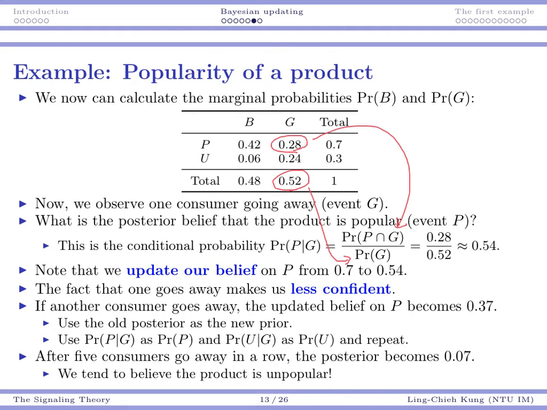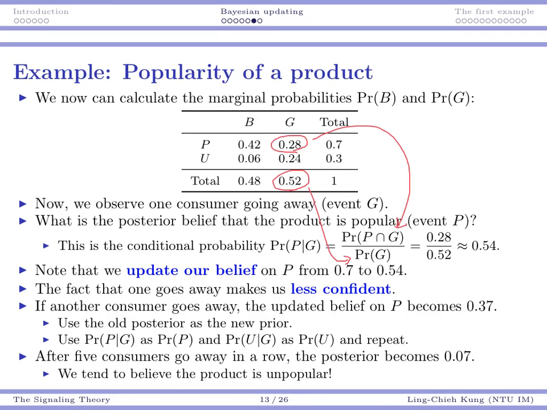If you want to verify this, simply try to set 0.54 as the new prior belief, and 0.46 as the new prior belief for you, and then try this again. You will see 37%.